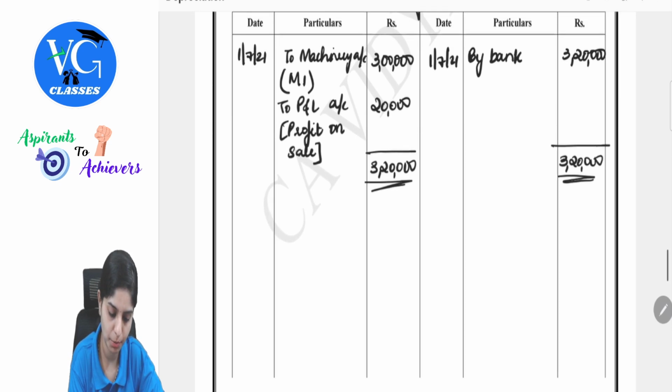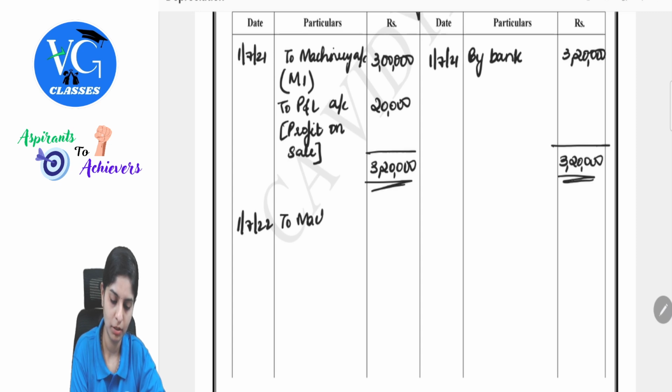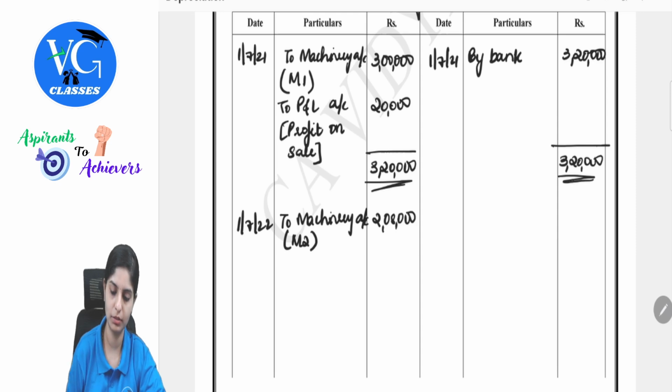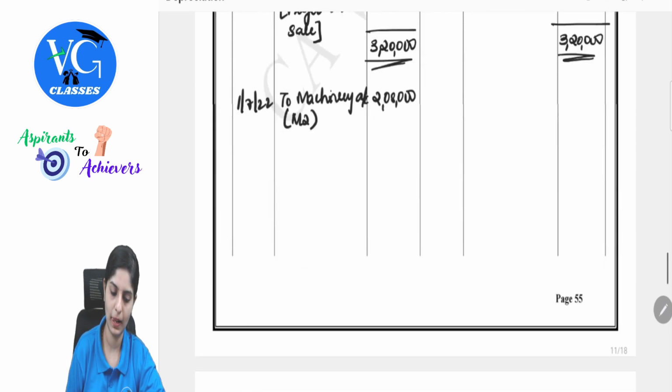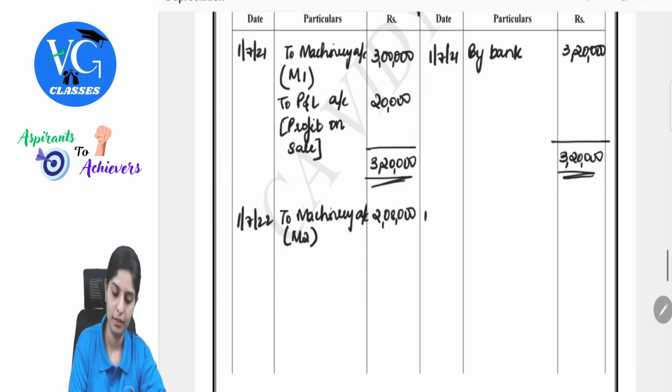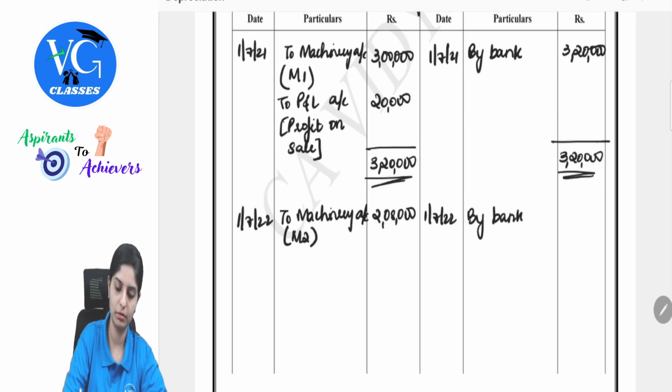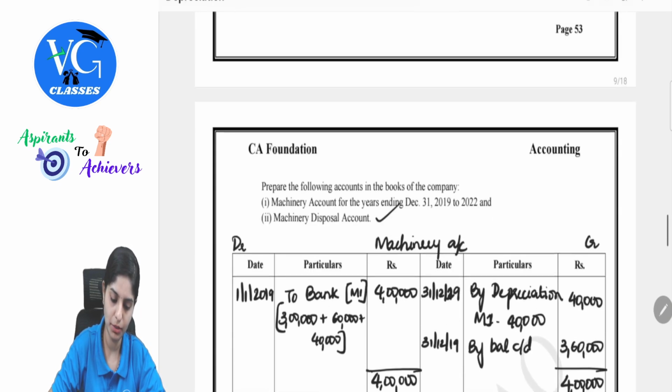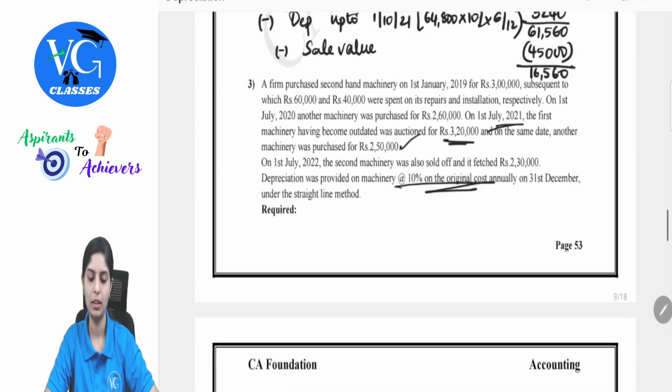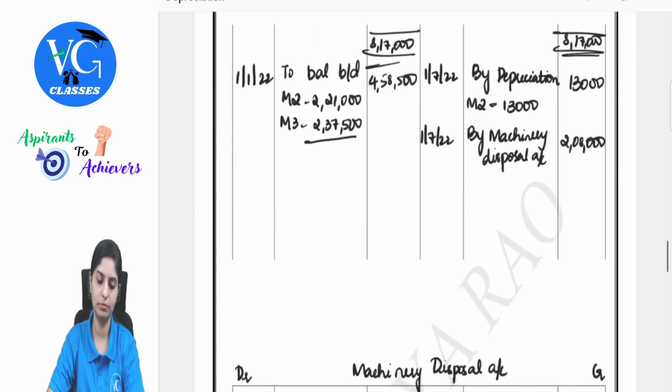Coming to machinery disposal, 1st July 22, to machinery account, 2,08,000. By bank, what is the sale value? 2,30,000.